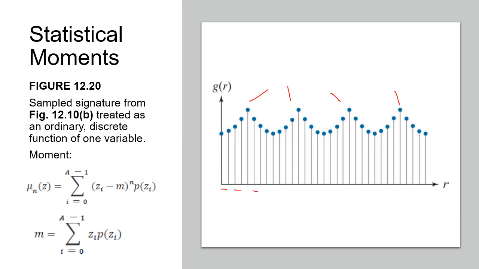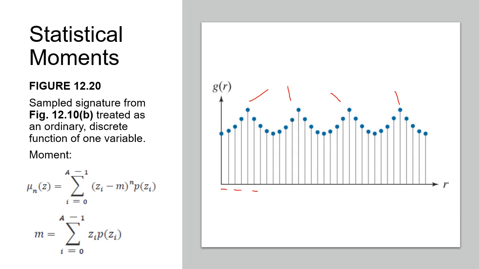And then we could use the statistical moments to describe the object. Previously we described the object using the signature, but now we describe the object using the moments of the signature, and this also describes the object but using far fewer numbers.